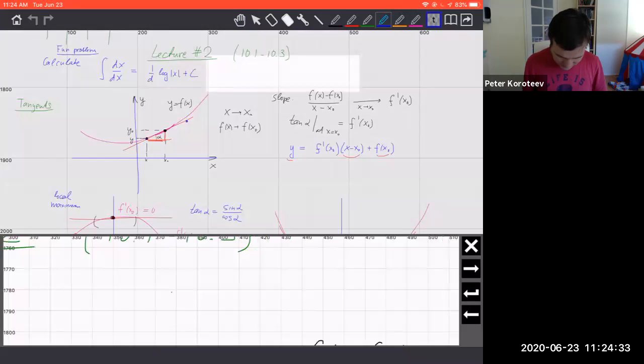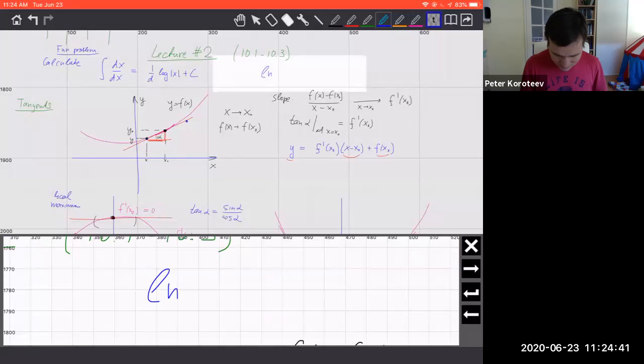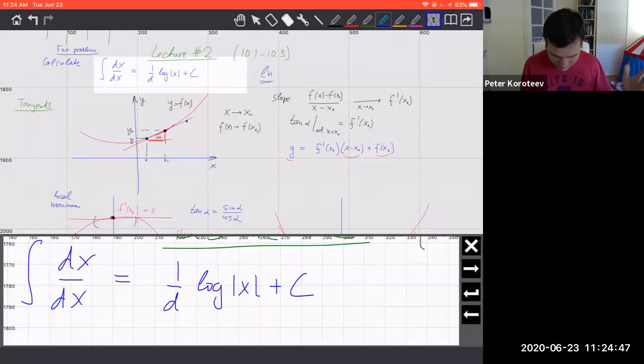Some books use the notation ln, but it's less common. Depending on which country you're from, where I grew up we mostly used ln, but I think the more North American convention is to write log. In a sense, all logarithms are the same, right? There is a base conversion formula.